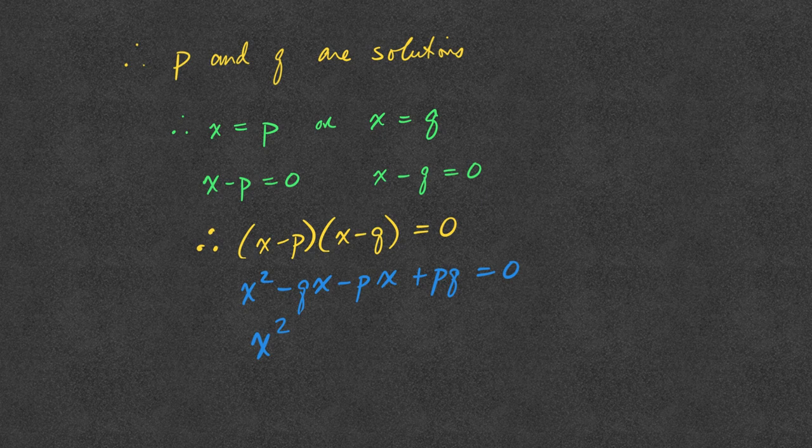But if I did do this, the question says that I need to put that in the form ax squared plus bx plus c equals 0. So what that kind of does imply is that I'm adding my b value. If you look at my middle term, I'm adding my b value.